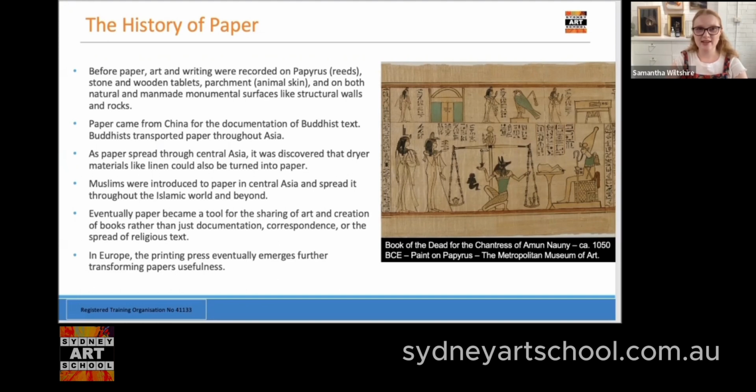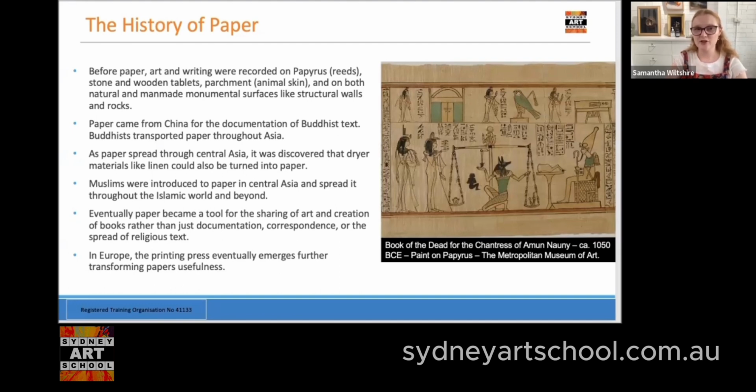Once it was discovered that linen, for example, could be used to create paper, Muslims were also introduced in Central Asia to paper as a new technology, and they then proceeded to spread that throughout the Islamic world, and from there it traveled beyond. Eventually, paper would become a tool for sharing art and the creation of books and stories, rather than just for documentation, administration, correspondence, and also the spread of religious text.